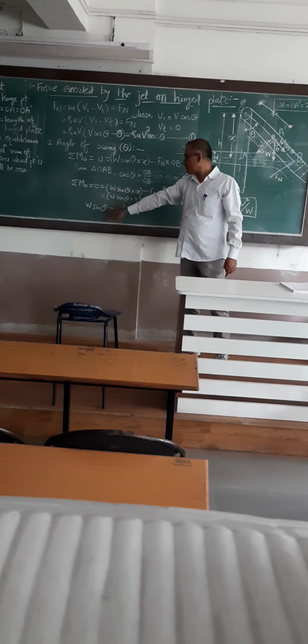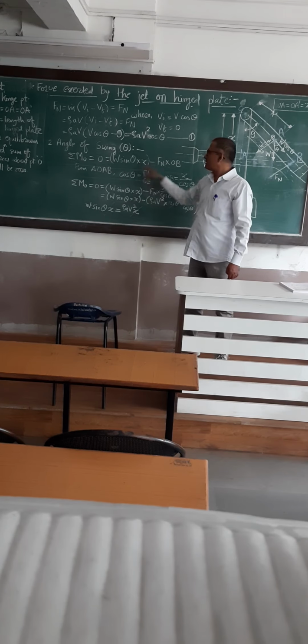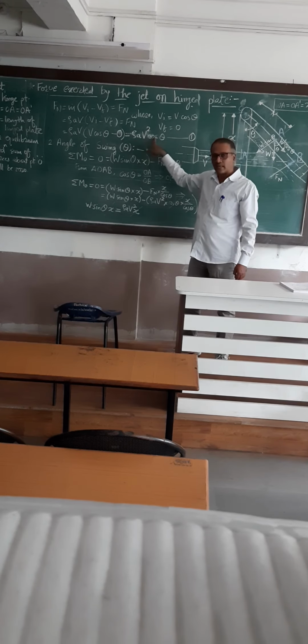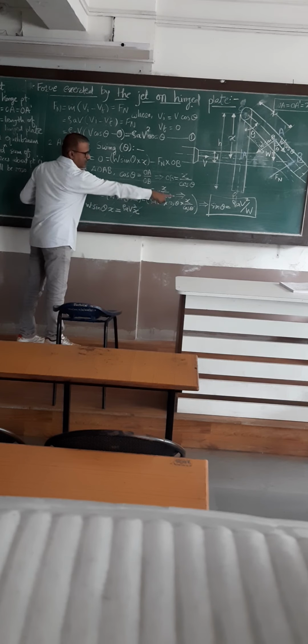So that is equal to W sin theta into x minus Fn, which is rho A V square cos theta, as we have already found, into x upon cos theta. The cos theta gets cancelled out. The remaining terms: W sin theta into x is equal to rho A V square x. The x gets cancelled out.